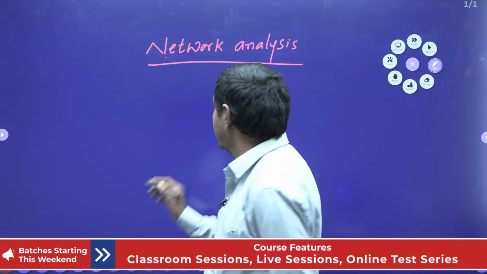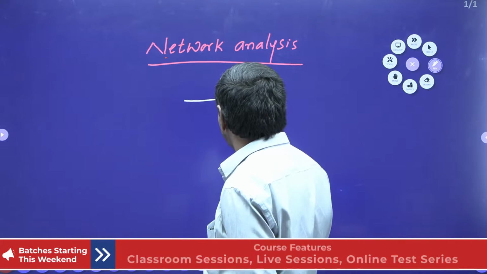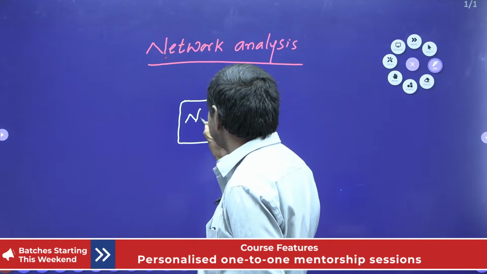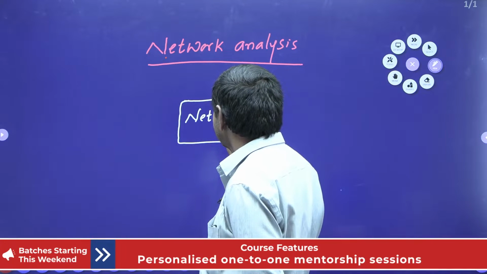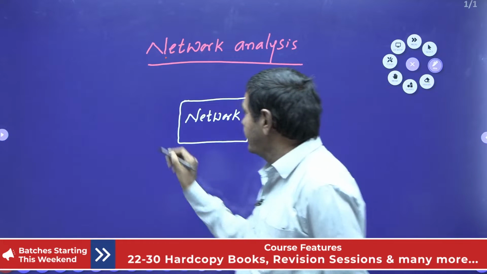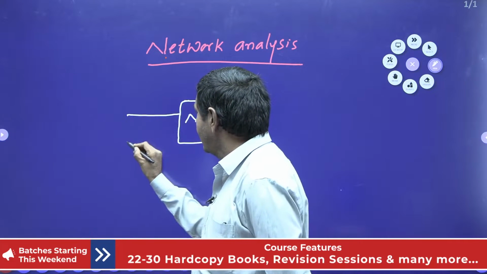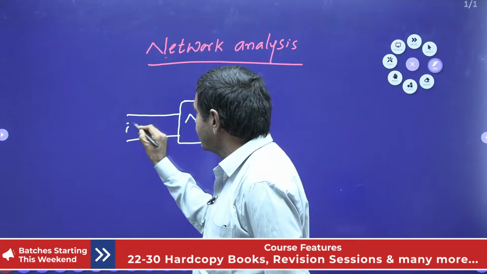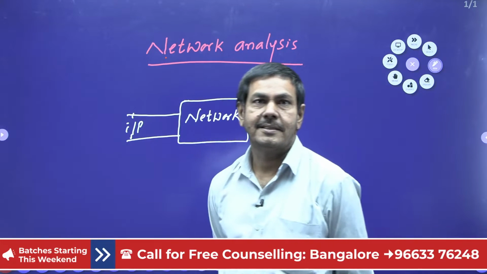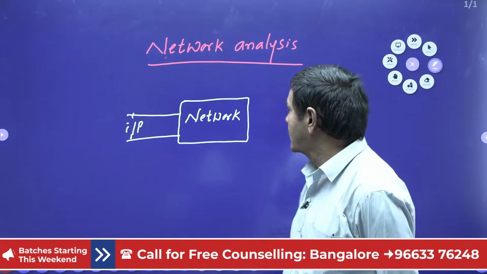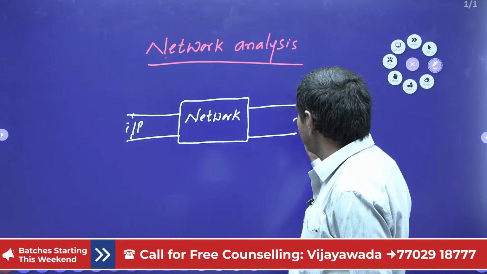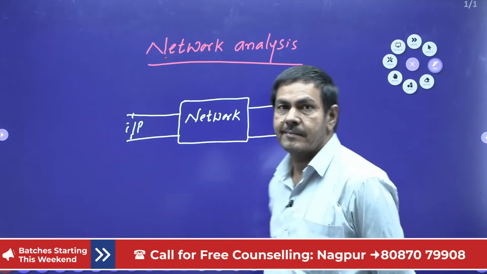Suppose you are given a network, and it is connected with an input, which is also given. Suppose the input is given and the network is given, and the question asks you to find the output parameters.